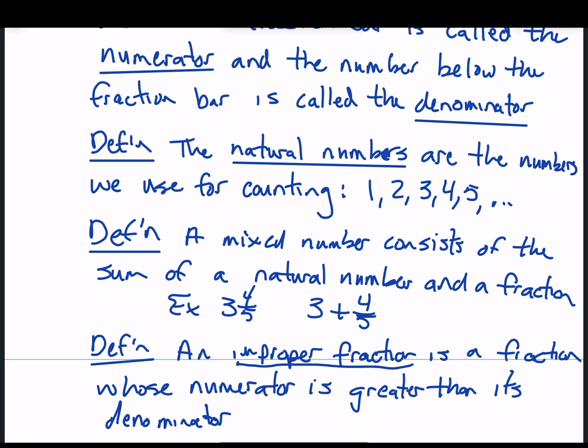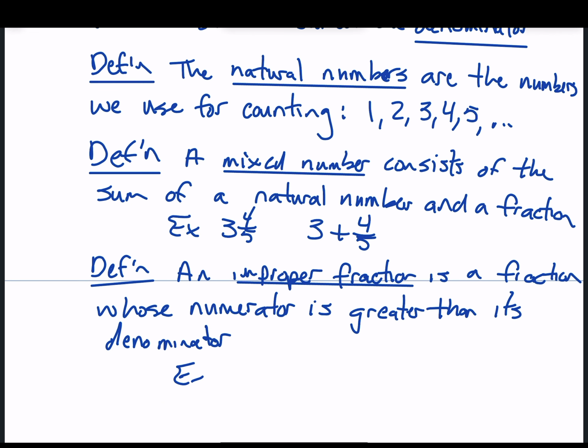Again, that's improper fraction. Previous one was mixed number. Examples of improper fractions: 5/4, 10/9, 36/17. All of those have numerators that are greater than the denominators.